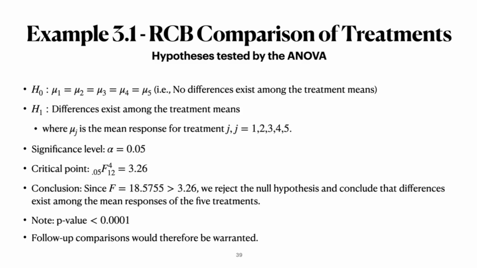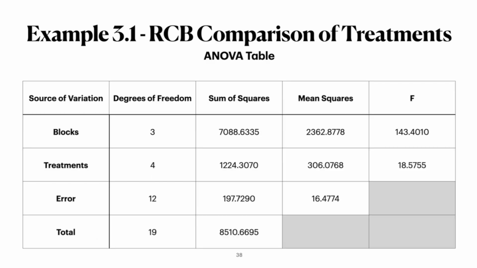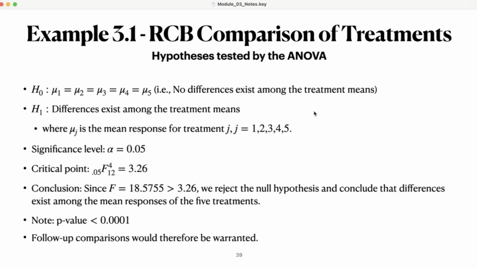The null hypothesis being tested by this F statistic, 18.5755, is that there is no difference among the 5 treatment means.